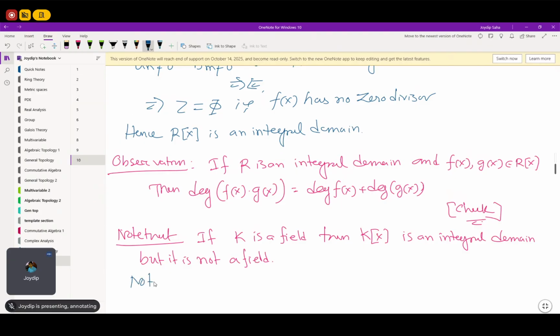Note that x belongs to K[x] and x is non-zero, but it has no multiplicative inverse.